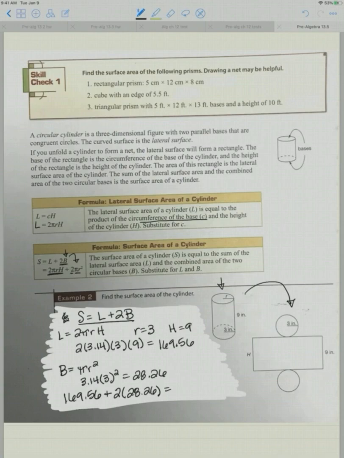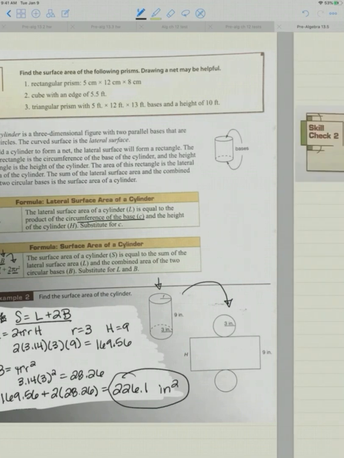Just plugging that into my calculator, that gives me 226.08. We are going to round to the nearest tenth. So that is 226.1 inches squared.